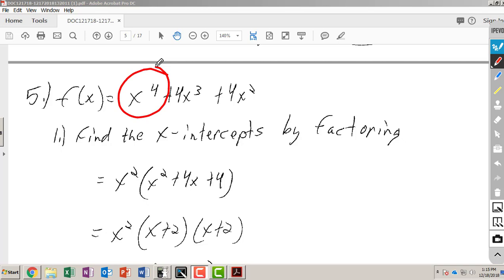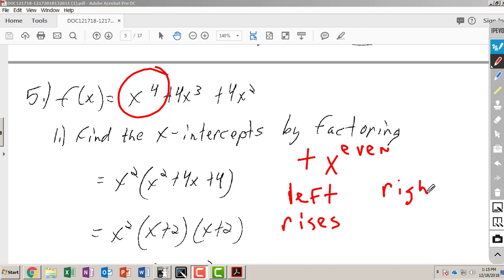So if you recall from the previous example, on number 4, if this is a positive x to an even power, which it is, we know the left is going up, or in other words, the left rises, and also my right is going up, or my right side rises.